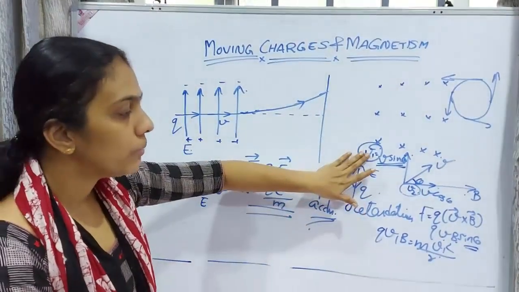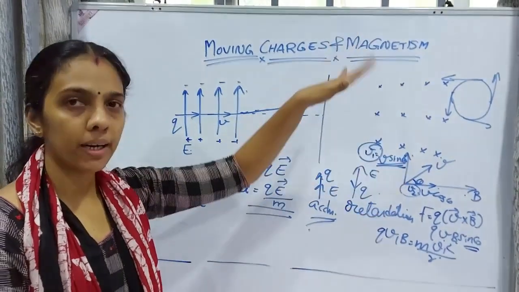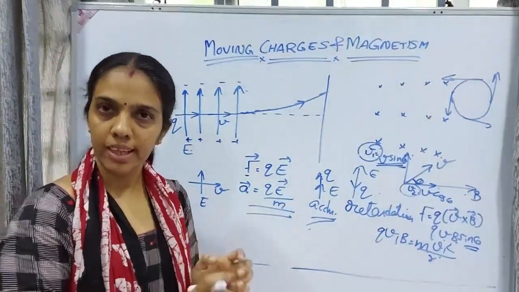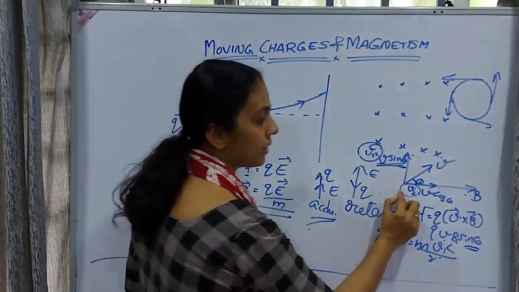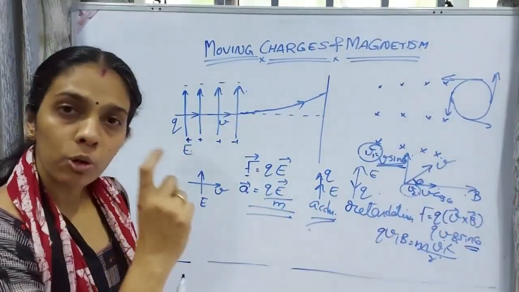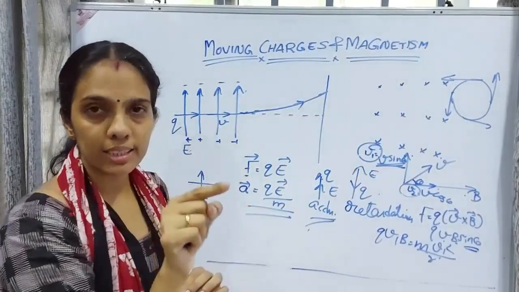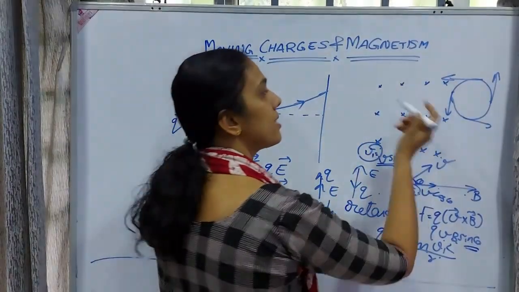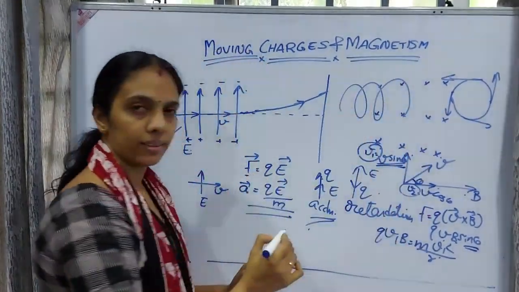So because of V1 alone force is present, but in the horizontal direction also velocity is present. When it is taking a circular path, V cos theta is acting in this direction. So both circular as well as horizontal velocity are acting. Because of that, instead of a complete circular path, this will be following a helical path.